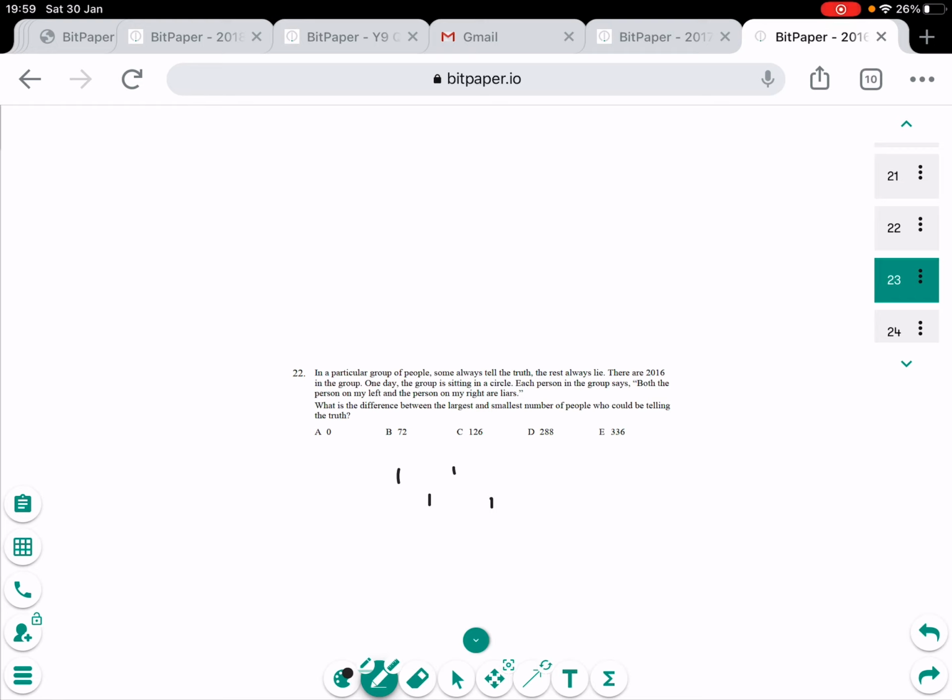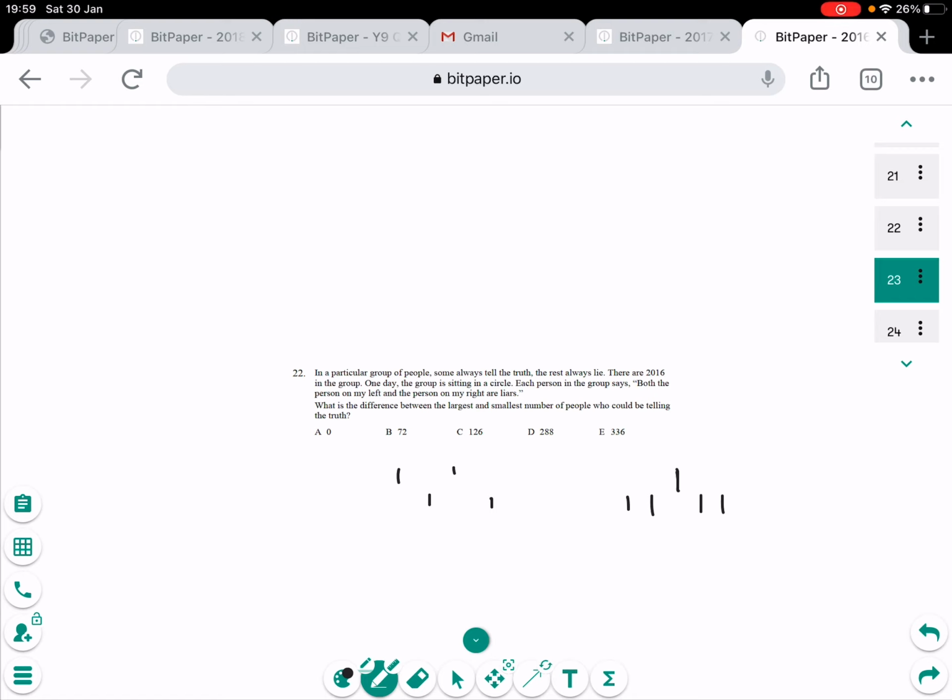If you think about it, if this is someone telling a lie, he says both the person on my left and on my right are liars. So what could happen is that there's another liar over here, and there's a person speaking truth over here. That says both the people, so that kind of repeats itself. So the difference is 72 between these two options.